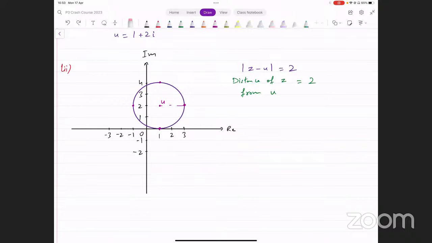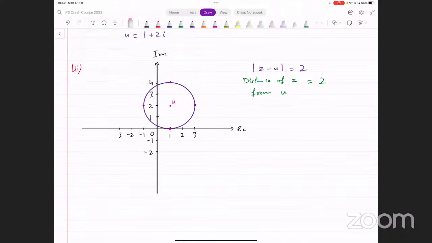These are important points. Your circle has to pass through these 4 points. That's very important. Otherwise, your calculations after this might turn out to be wrong. Okay. So this is the locus that we get in this case. It's a circle with radius 2 units and center at U. That's what we had to do in this part.